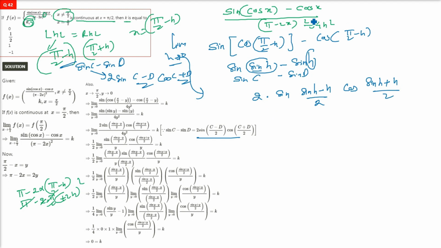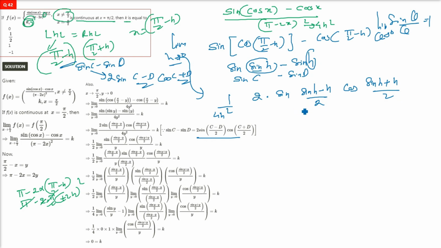And what is in the denominator? 4h square. But you'll see this 4h square will have not much effect, because I'll just show you that limit sin theta by theta is 1. Here theta is (sin h minus h) by 2. As I am saying, sin theta by theta, limit theta tends to 0, is 1. So we need a theta in the denominator.